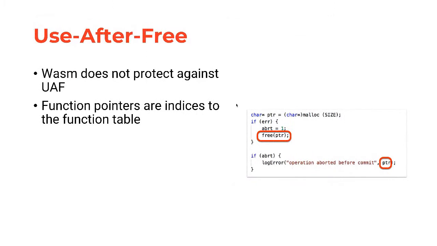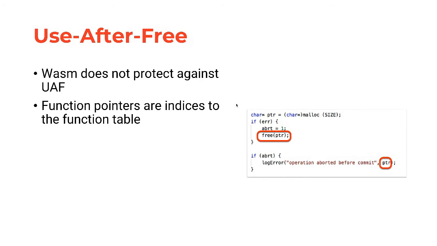So use after free bugs also work in WebAssembly. WebAssembly gives you a function pointer back to the function table, but you're still able to overwrite things in a use after free.